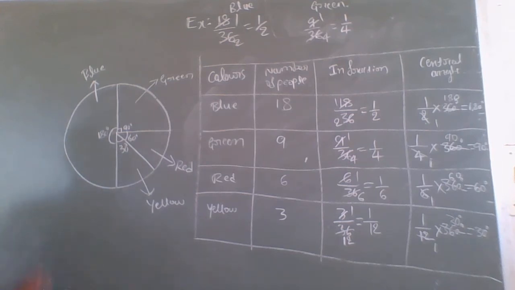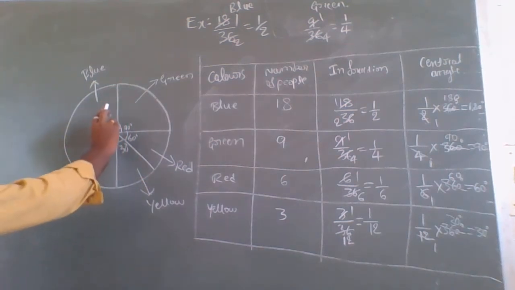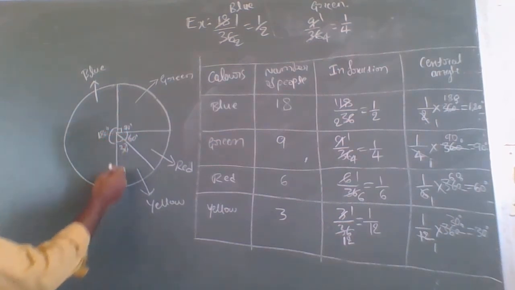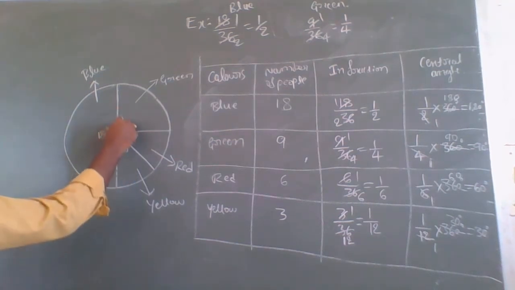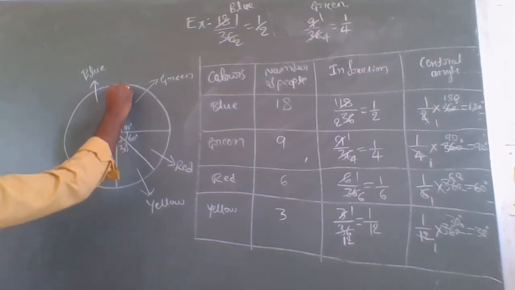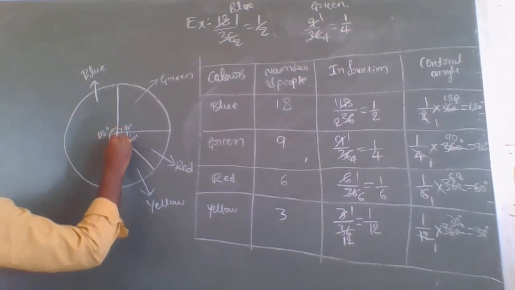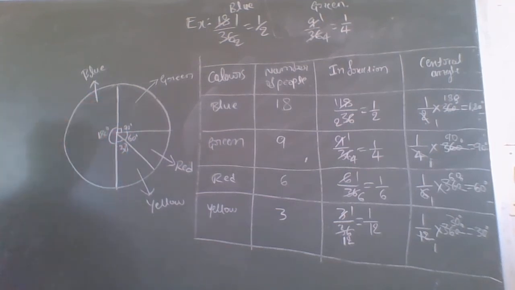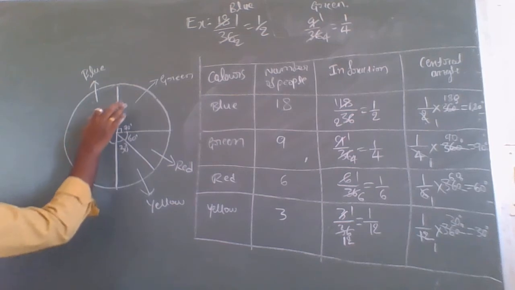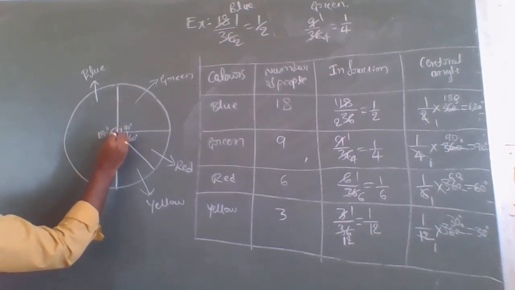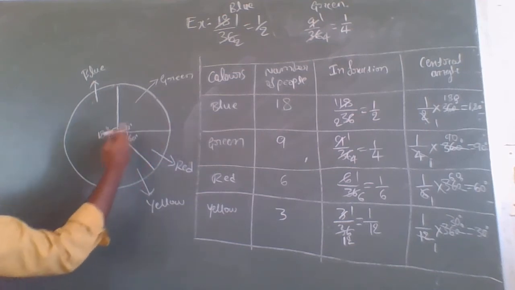And while drawing this pie chart, first you should consider one radius here. Keep your protractor properly on this point and consider 180 degrees to this side, because you have already considered this line as the radius, so you have to consider 180 degrees to this side, and you will get 180 degrees here for blue. And now again place the protractor on this point and draw a 90 degree line towards this side.